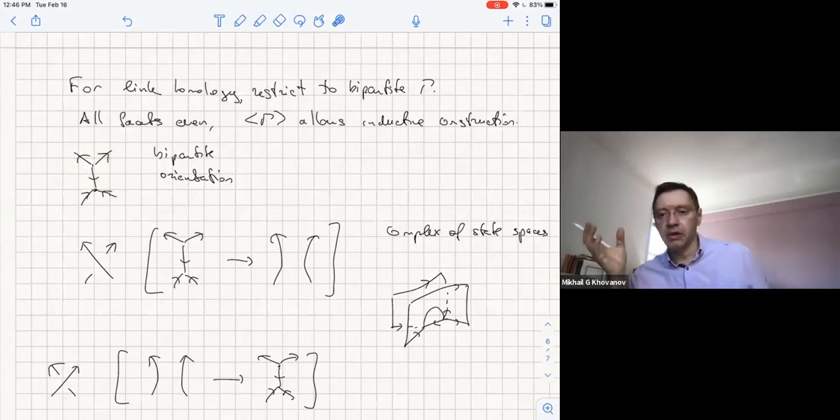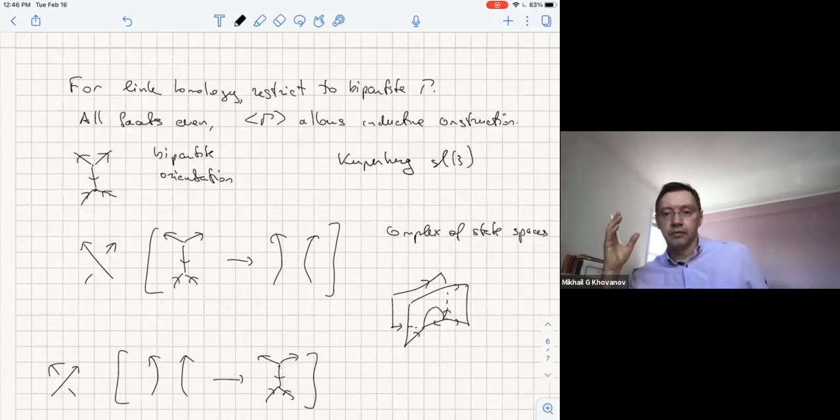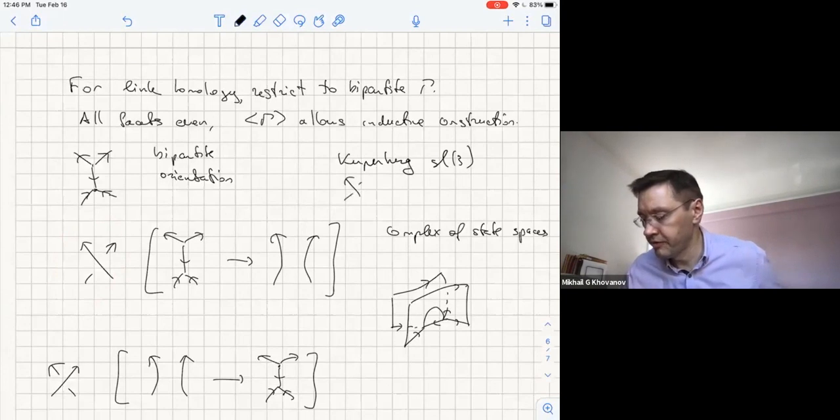And you encounter these bipartite graphs if you're doing the SL3 link invariant. So if you're doing the Kuperberg bracket, or Kuperberg SL3 link invariant, you start with a planar diagram of a link, and you simplify each crossing. I might get powers of Q wrong, but that's something like Q squared.